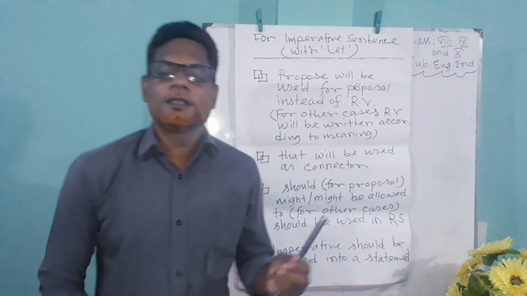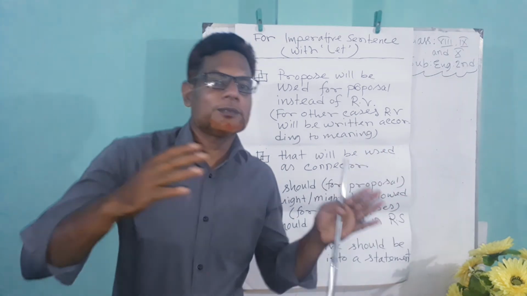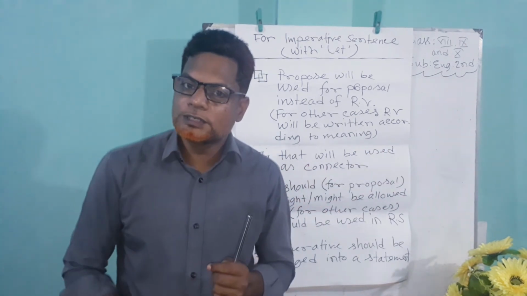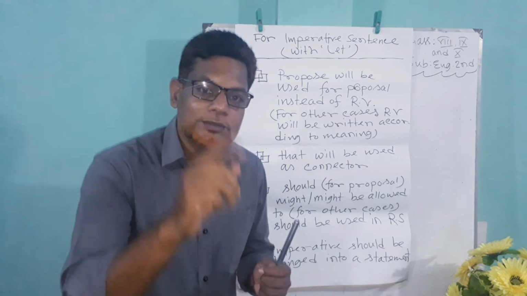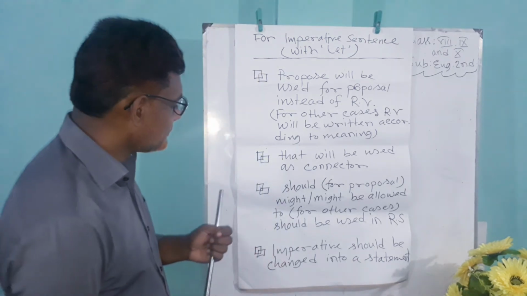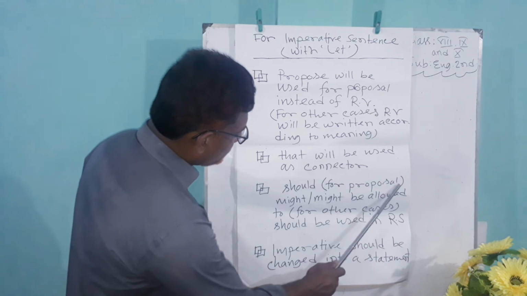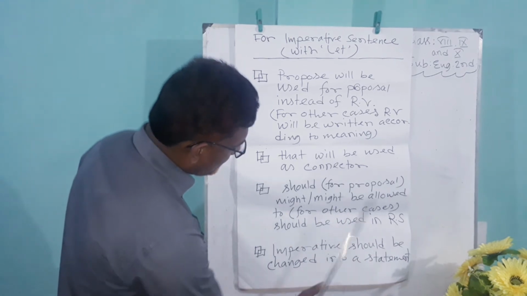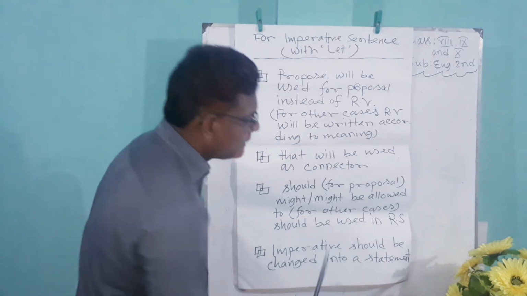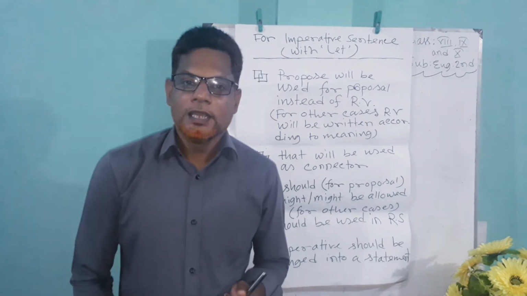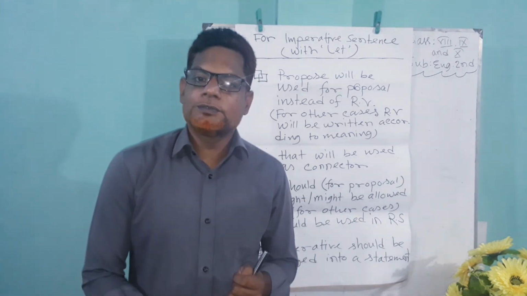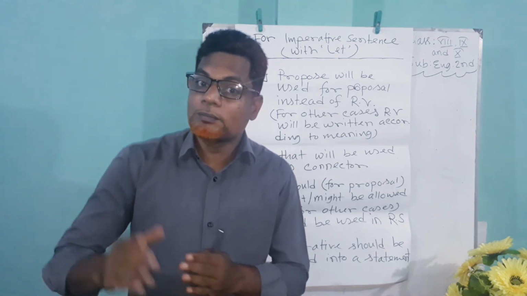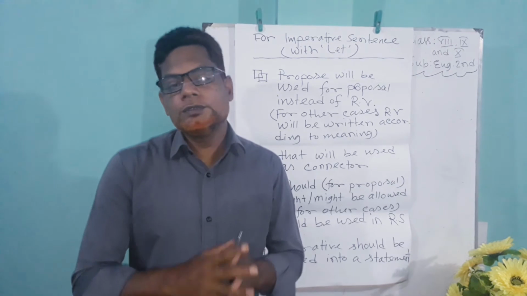We know very well that to connect the reporting verb with the reported speech, we need a connector. Which connector will be used here? In this case, "that" will be used as the connector. Then "should" for a proposal, or "might be allowed to." For other cases, "should" or "might be allowed to" is used as the auxiliary verb in reported speech. When will you use should?